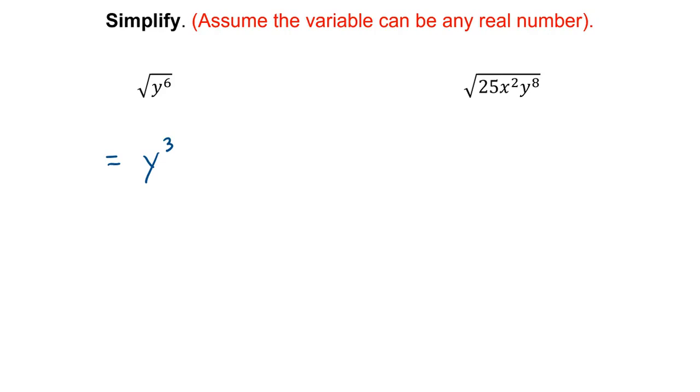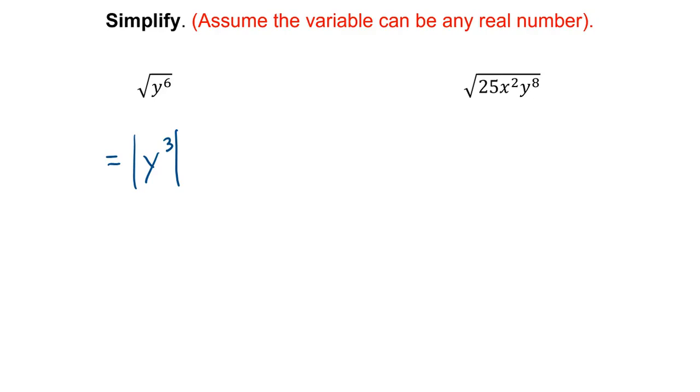So is y to the third guaranteed to be positive? No, we don't have that guarantee. And because we're looking for the principal square root, we have to have that guarantee. So how do we fix that? We put absolute value bars.